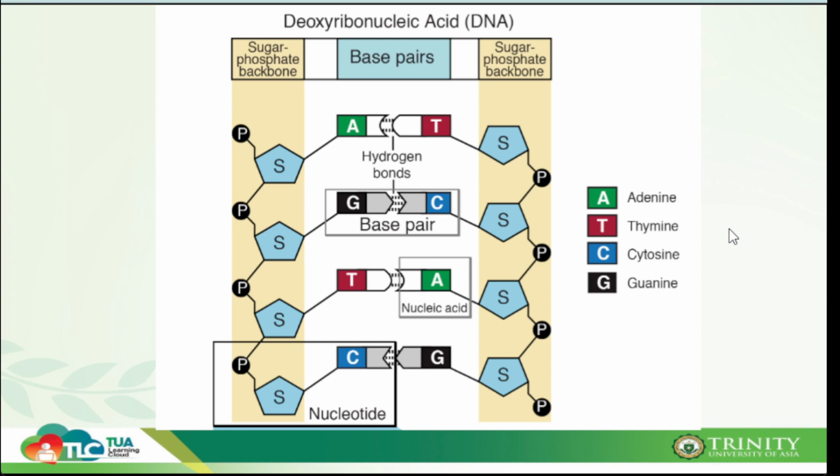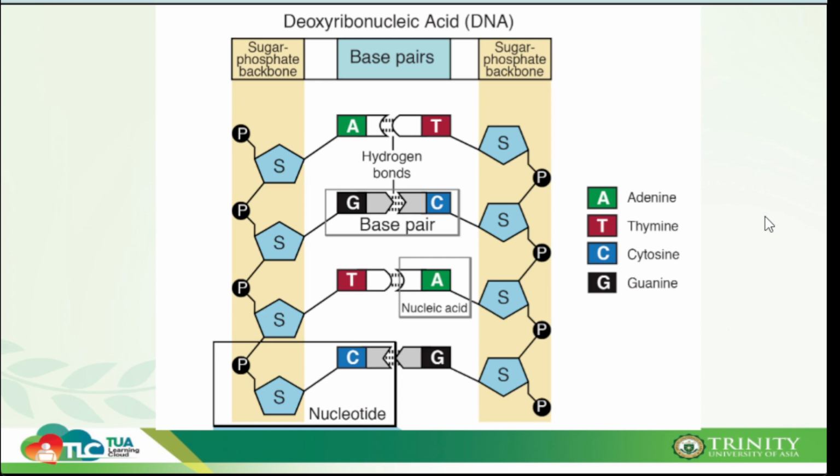Now, putting everything together, your phosphate backbone, your pentose sugars, and their nitrogenous bases, this is now how a DNA would look like. Okay? So as mentioned, the genetic code is based on the sequence, the order, of your base pairs.